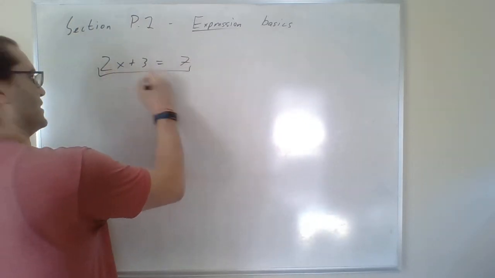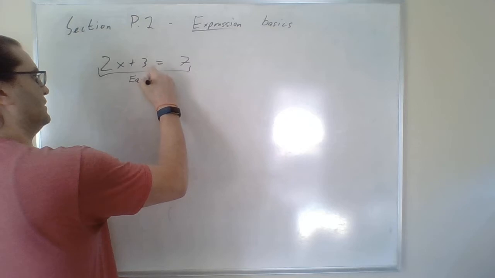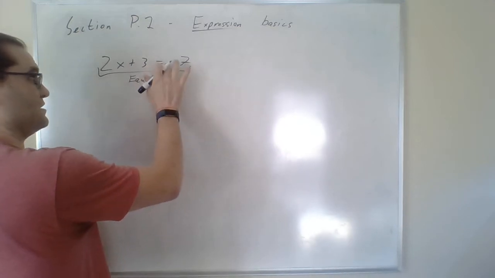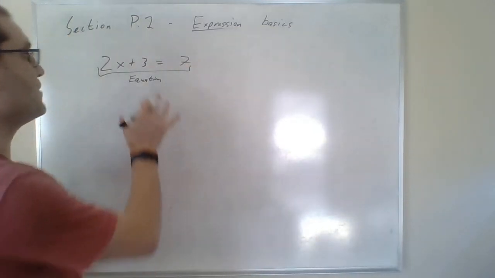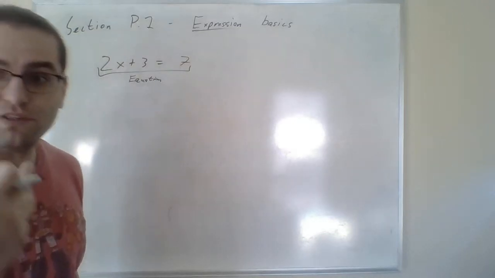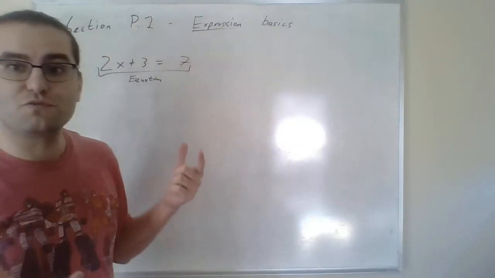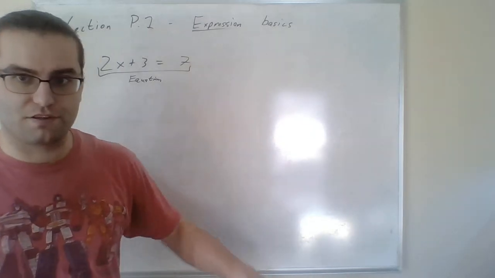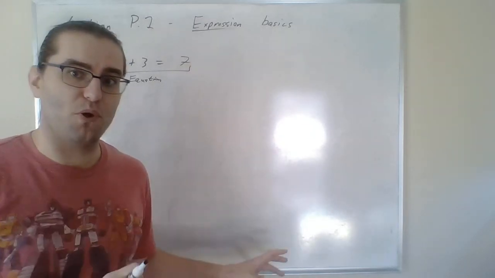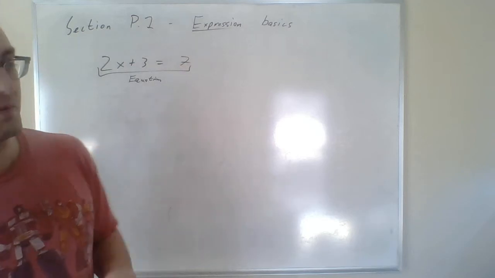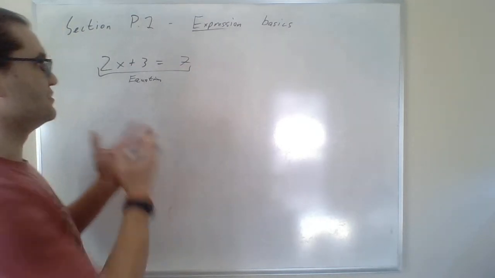This is an equation, because it has an equal sign in it. When you have an equation, you can do anything you want to it as long as you do it to both sides. As long as you keep it balanced, you can do anything.